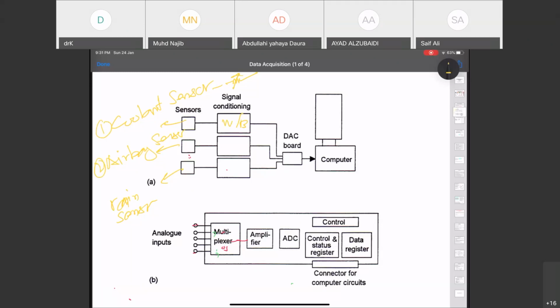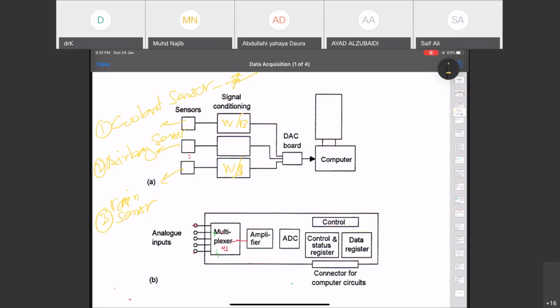The second one is the airbag sensor, and for the airbag sensor you may have a switch or on-off system, which is very simple, so it needs another kind of signal conditioner. And for the third sensor, it is some kind of inductive or capacitive sensor, so you may need a Wheatstone bridge or a simple switch system.